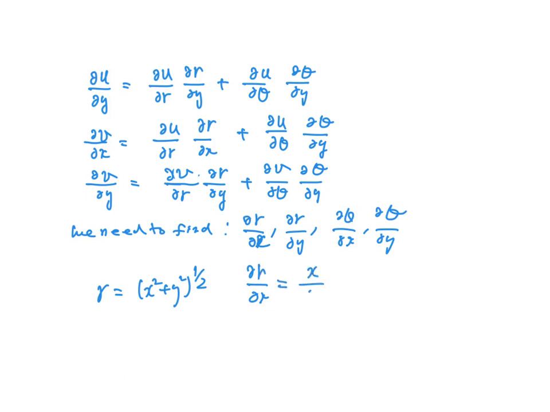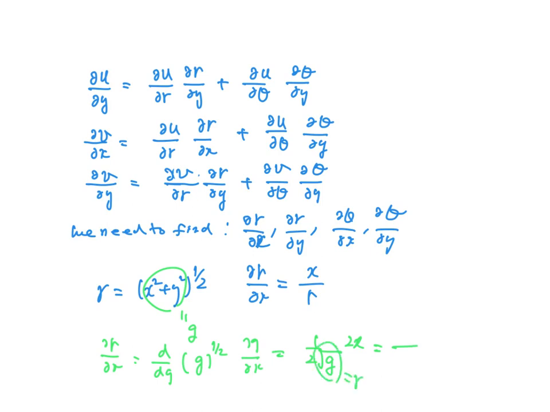Simply x over r. Or if you check, let g be x squared plus y squared, so partial r partial x is dr/dg times partial g partial x. The derivative of square root of g is 1/2 over square root of g, and 2x, so it is x over r. And x over r is cosine theta.